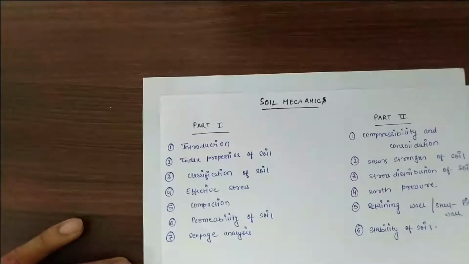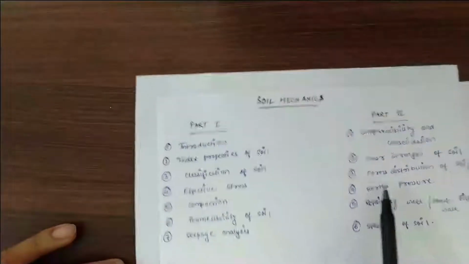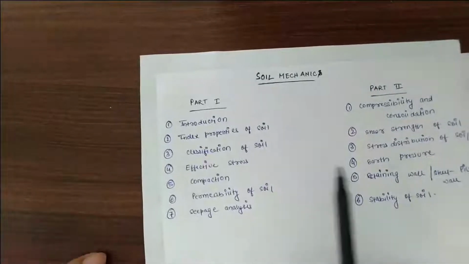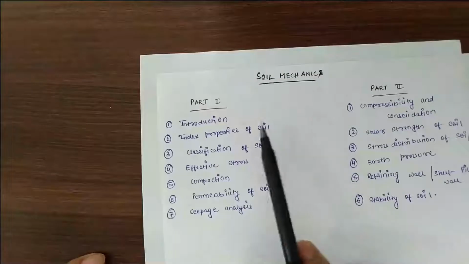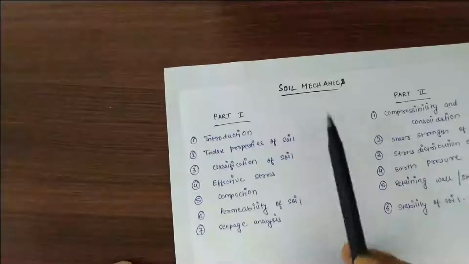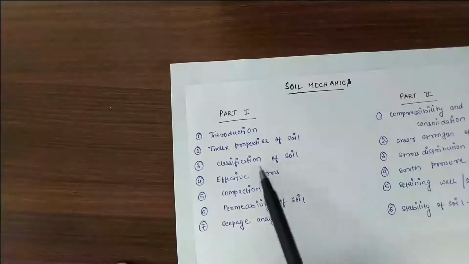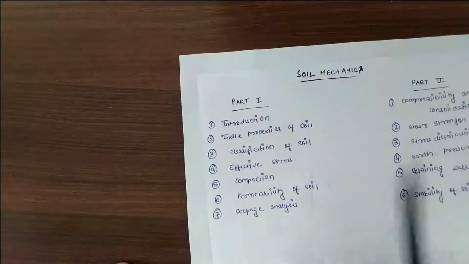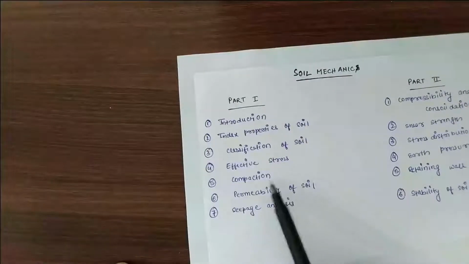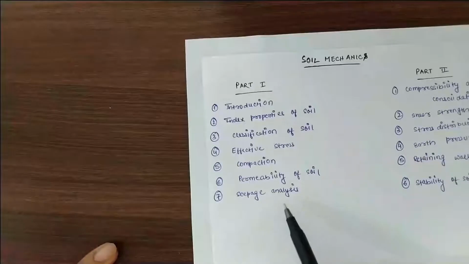So we will be starting with our soil mechanics, and this is the syllabus of it. I have divided it into two parts, part 1 and part 2. In the first part we will be dealing with introduction, index properties of soil, then classification of soil, then effective stress, then comes compaction, then permeability of soil, seventh is seepage analysis.